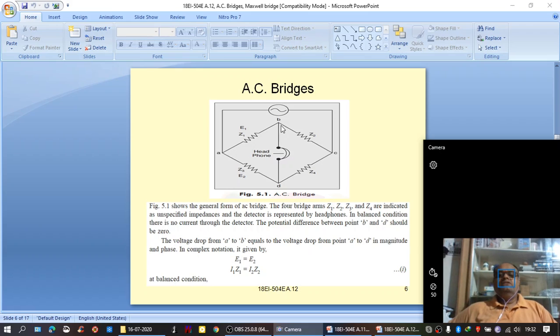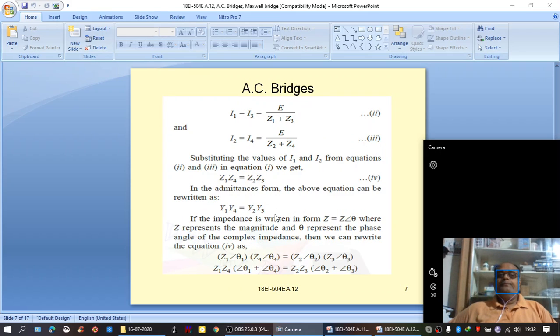E1 is nothing but the drop across the impedance Z1, so it is I1 Z1. What is E2? E2 is nothing but the drop across the impedance Z2, so it is I2 Z2. And the expression for I1 can be taken as E by Z1 plus Z3.